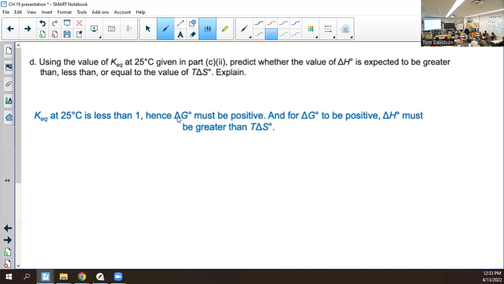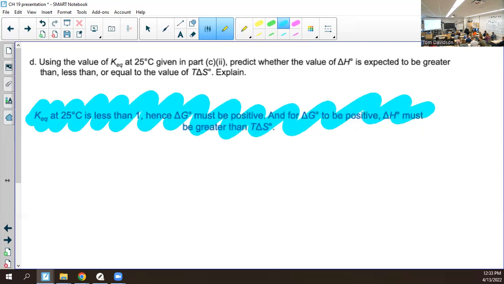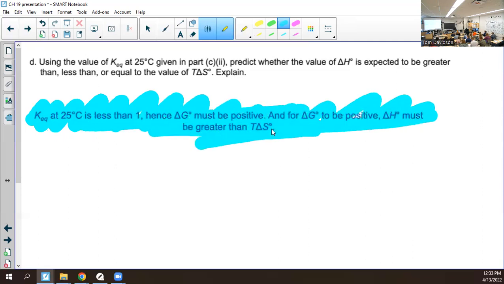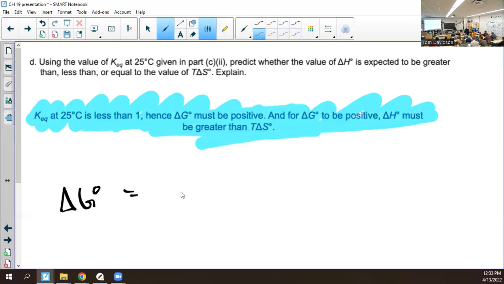And for delta G to be positive, delta H must be greater than T delta S. This is a very tricky question right here. It makes you think about a ton of different parts, because we're really looking at delta G naught, and it's equal to delta H minus T delta S, correct?